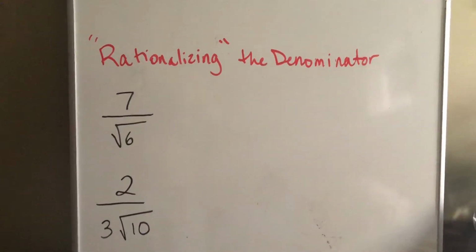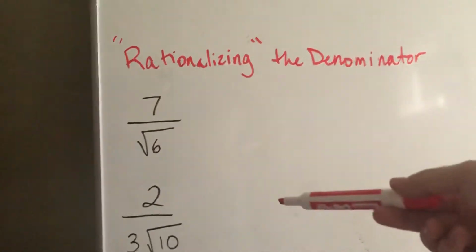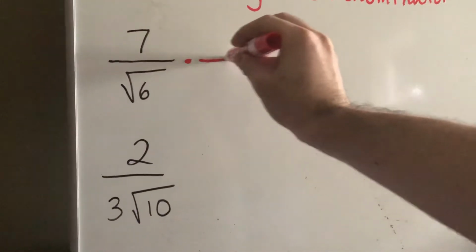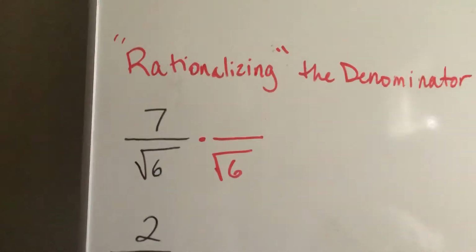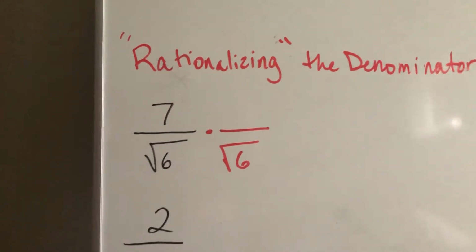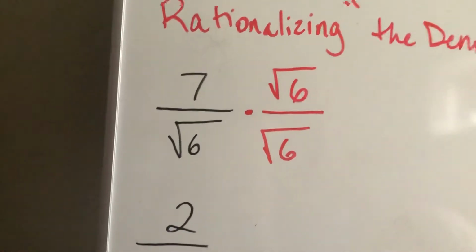And the only way I can guarantee that is to multiply radical 6 by radical 6. But based off of everything you've learned so far in algebra, I cannot just do that to the denominator. If I'm going to do that to the denominator, I also have to do this to the numerator. So why am I allowed to do this?